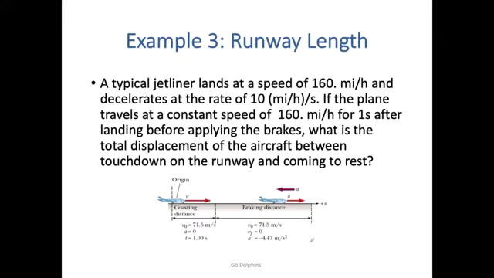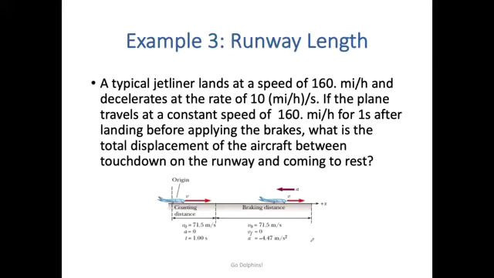Now let's look at our next example. A typical jet airplane will land at a speed of 160 miles per hour, and it will have an acceleration that decreases the velocity by 10 miles per hour per second.